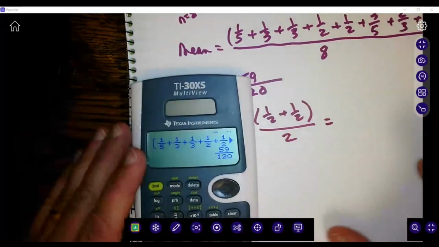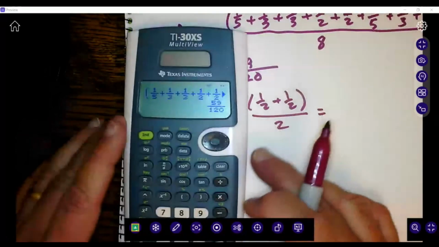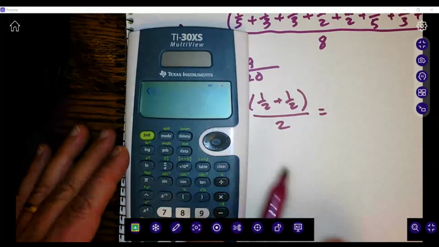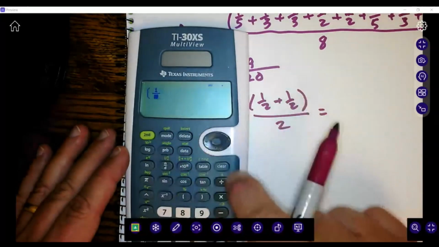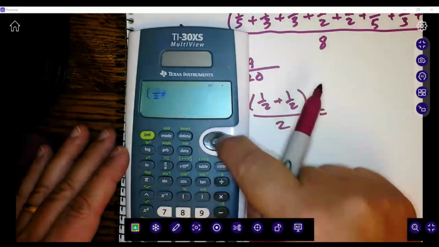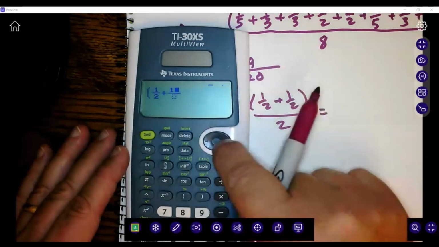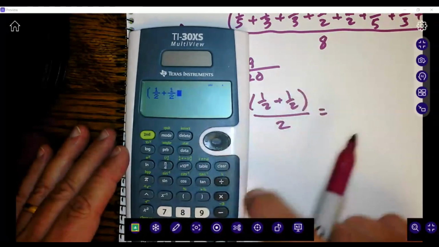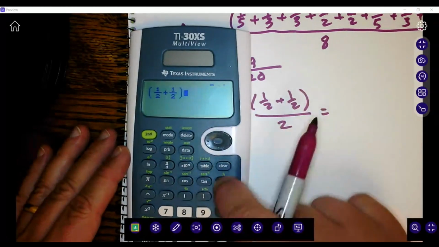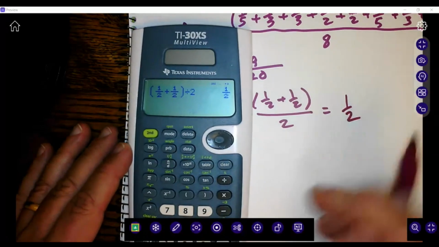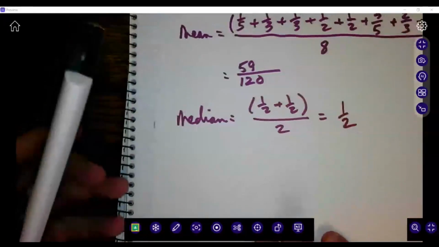Okay, and I already know this is going to be 1/2, but parentheses, fraction 1/2 plus fraction 1/2, close parentheses, divided by 2, and we get 1/2. So the median is 1/2.